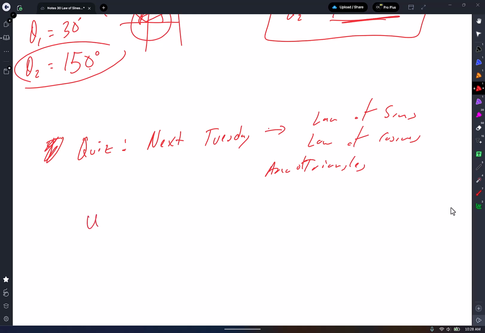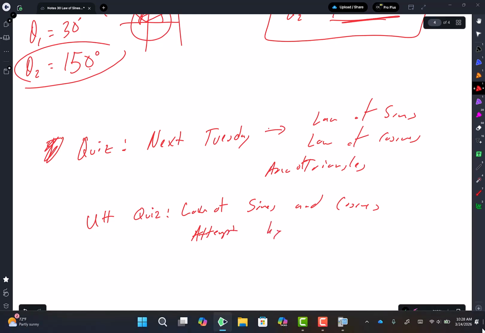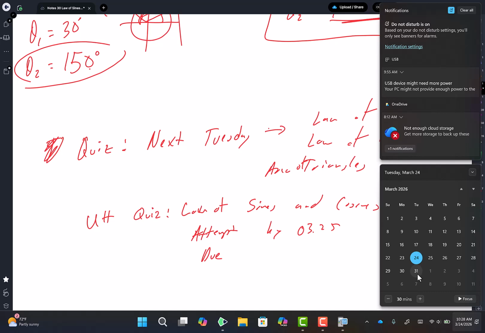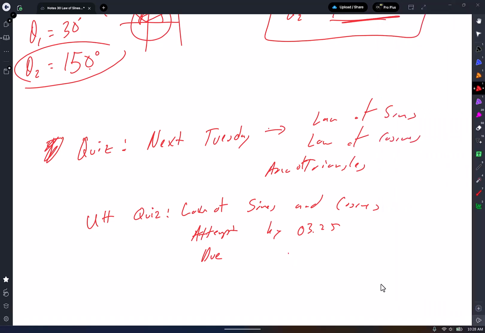There is a quiz on the platform called Law of Sines and Cosines. Attempt it by tomorrow, 03/25, and it's due next week, before the day of the test, 03/31. I recommend you do them and get it finalized before we test.